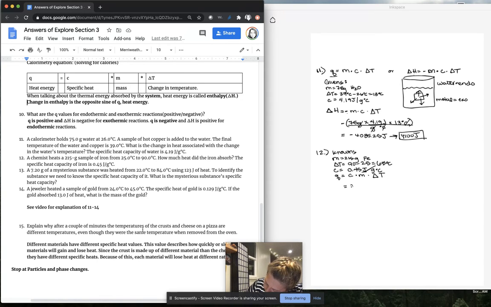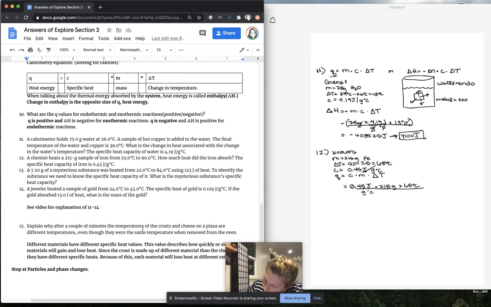I have for C 0.45 joules per gram degrees Celsius times my mass, which is 215 grams, times my delta T, which is 65 degrees Celsius.